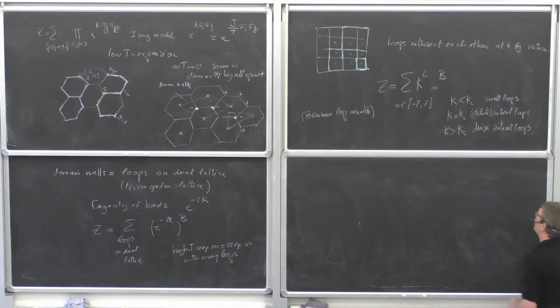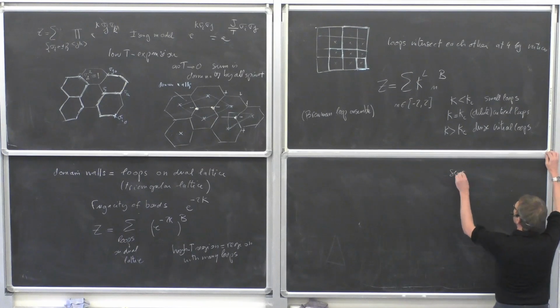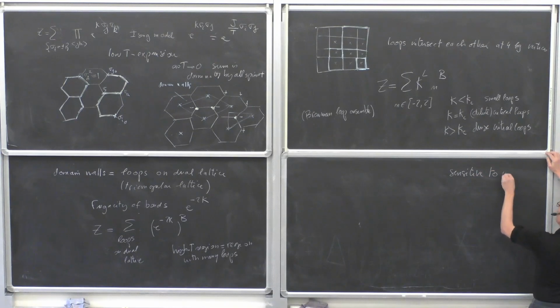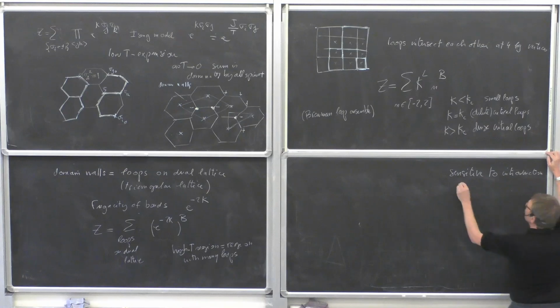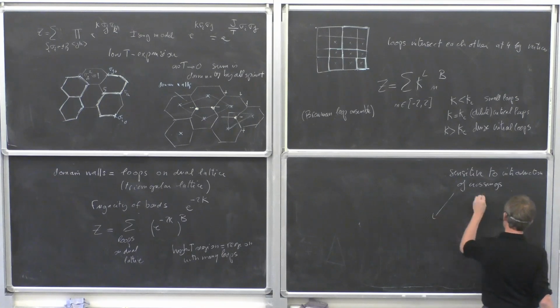So what are dense critical loops? I'll show you some pictures very soon, but dense critical loops now are sensitive to the introduction of crossings. So in fact, the universality class of K greater than Kc splits into two.